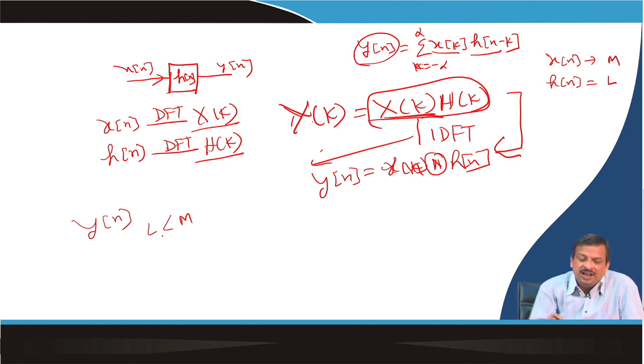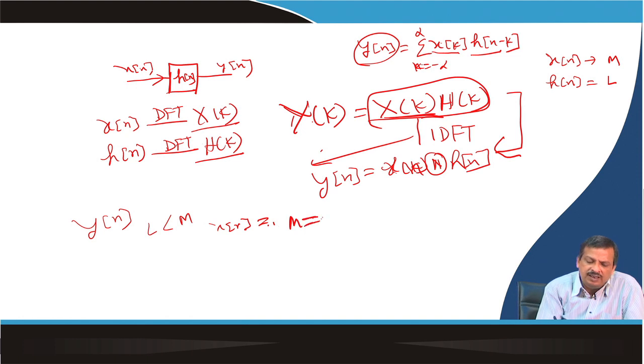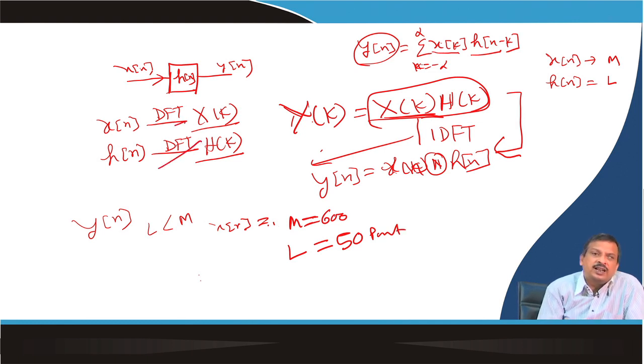Suppose I have an input signal x of n with, let us say, 600 points, and the filter response is, let us say, 50 points. Then what should be the DFT length in both cases? The DFT length in both cases must be more than 600.